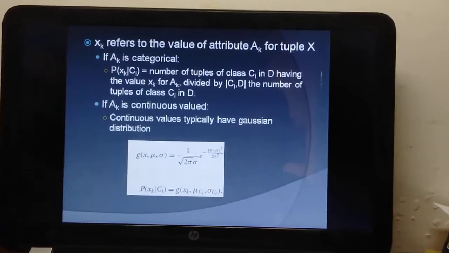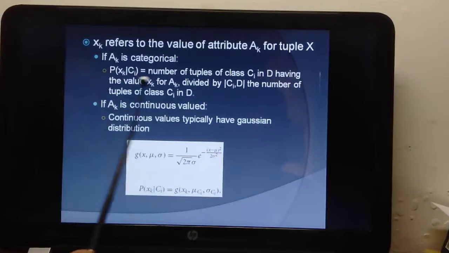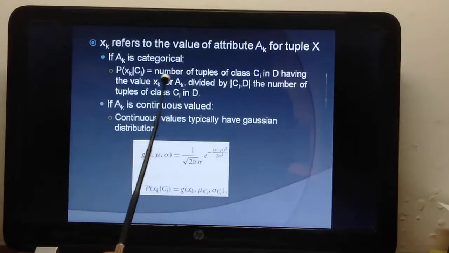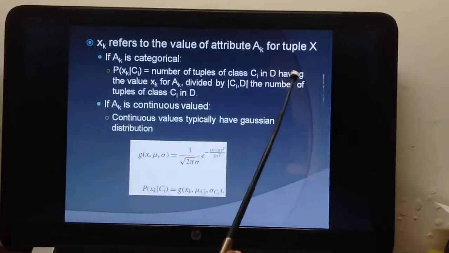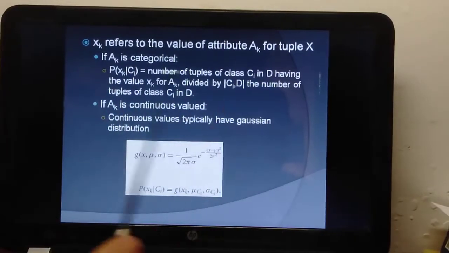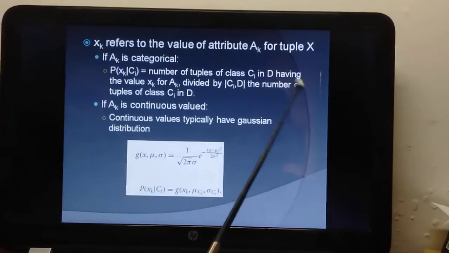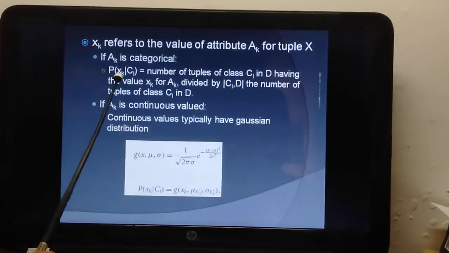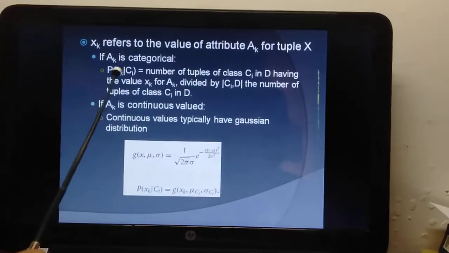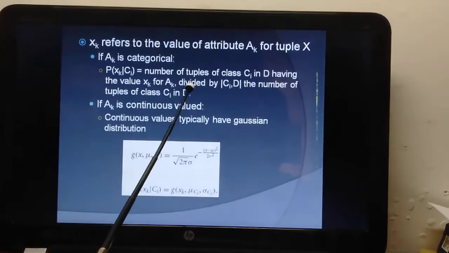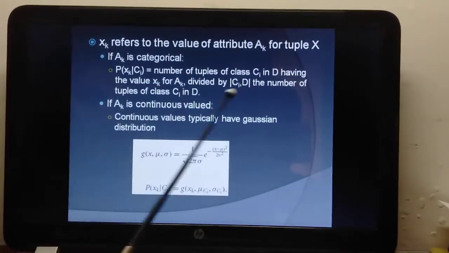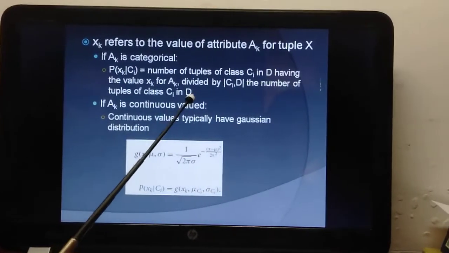How do I do that? P of xk given Ci is equal to the number of tuples of Ci in D having the value xk for Ak, that is, having youth, then middle-aged, then senior, divided by the total number of tuples in Ci, the total number of yes values in Ci.